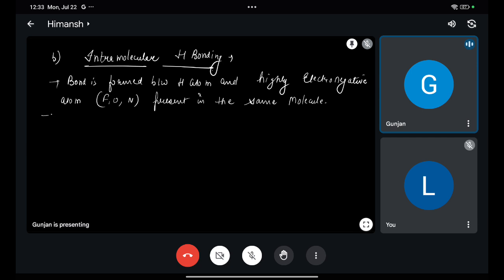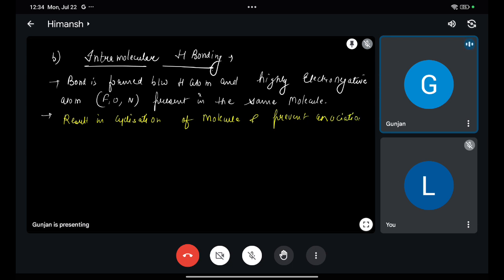So if intramolecular bonding is there, it results in cyclization of the molecule and prevents their association.